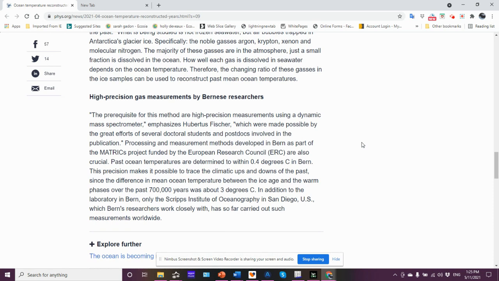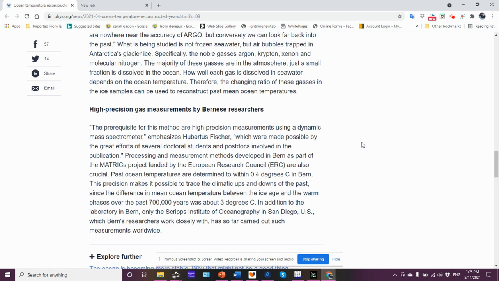But this is what these guys did, which is really cool. They analyzed what's called the noble gases: argon, krypton, xenon. They also looked at molecular nitrogen, N2, but nitrogen is not a noble gas. The reason they call them noble gases is kind of an old term.